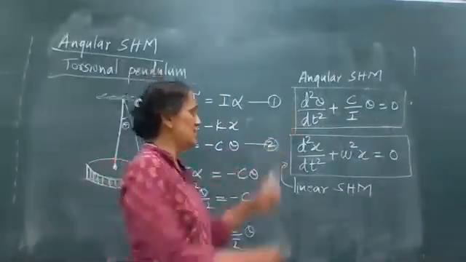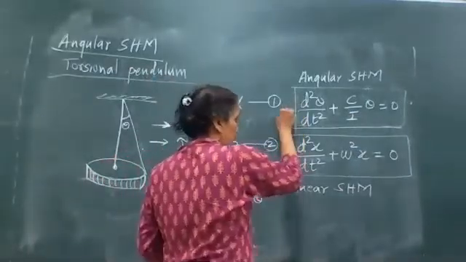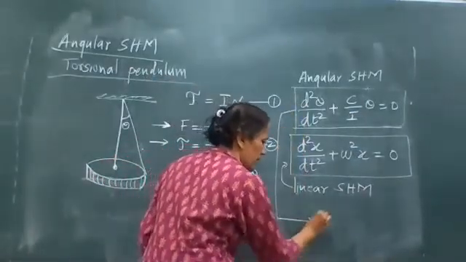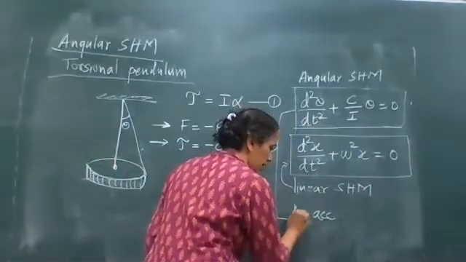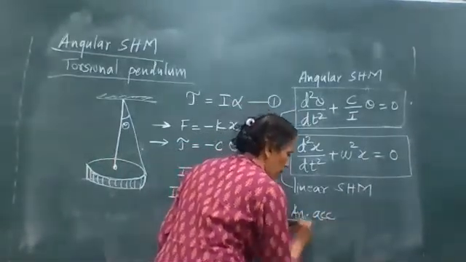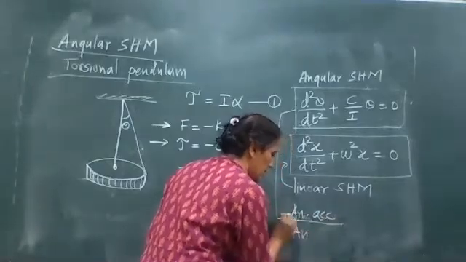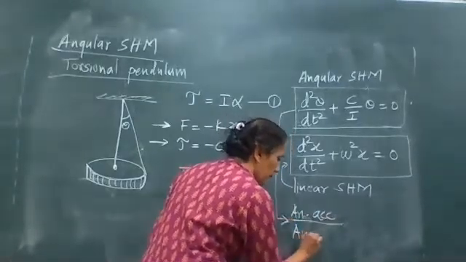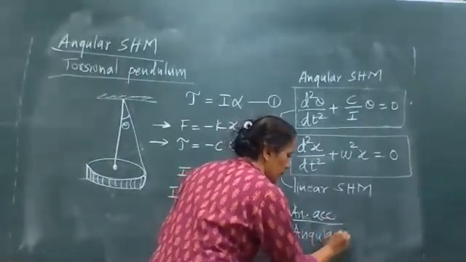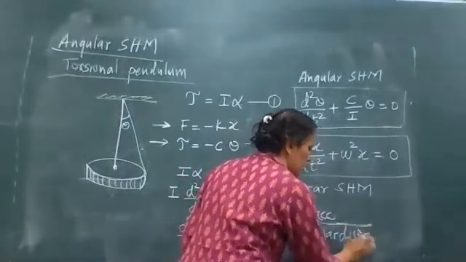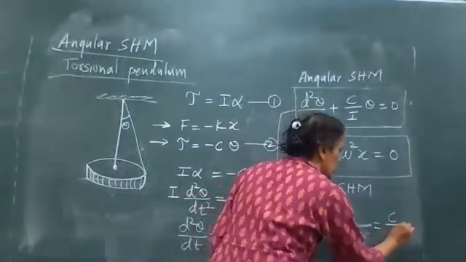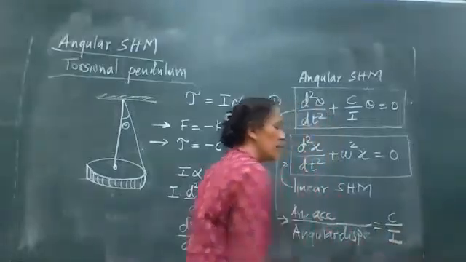Means in this angular case, angular acceleration per unit angular displacement can be written as c upon I.